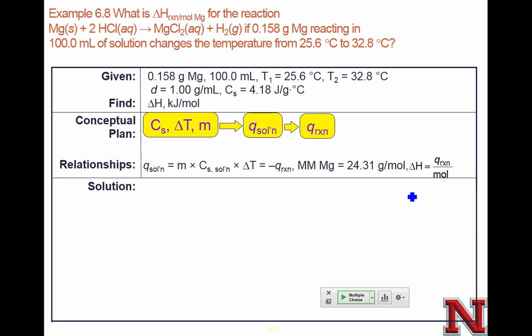So starting off, we can figure out our change in temperature. It is going to be our T final minus our T initial. So that's going to be 32.8 minus 25.6.